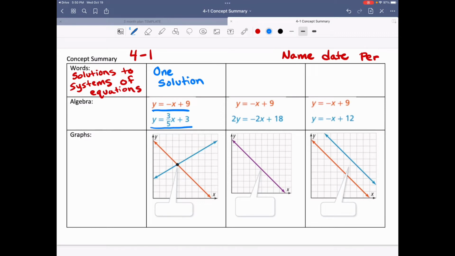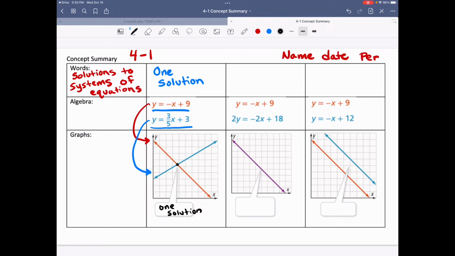And so you can see if we are to graph those 2 lines, the red line goes here, and the blue line is here. They cross each other at exactly one point. The point at which they cross is the solution. And you can see there's only one place that they cross.